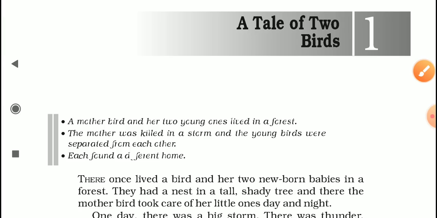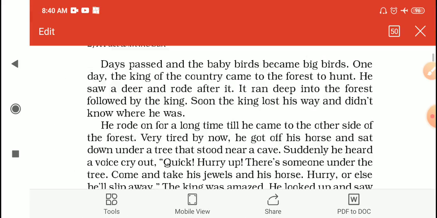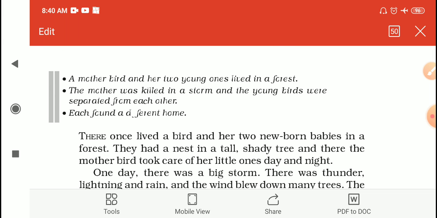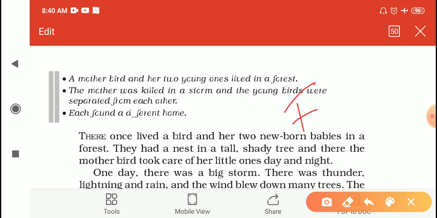Before we read this story, let's know something about it. This story is called a fable. Do you know what a fable is? A fable is a kind of story in which we learn a lesson. You will see this in the second chapter also.